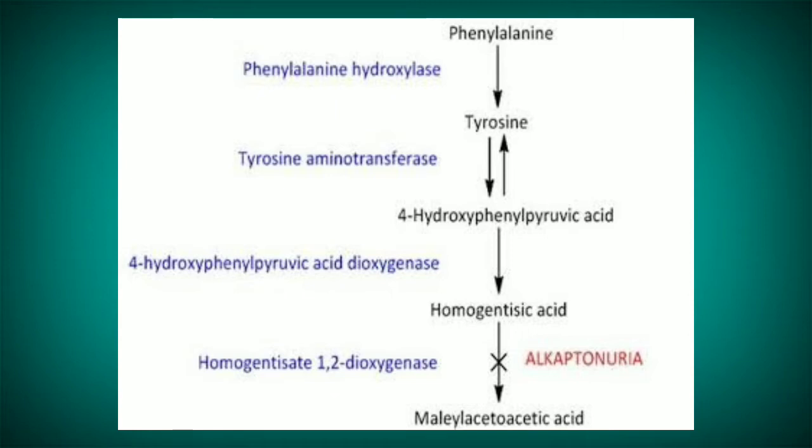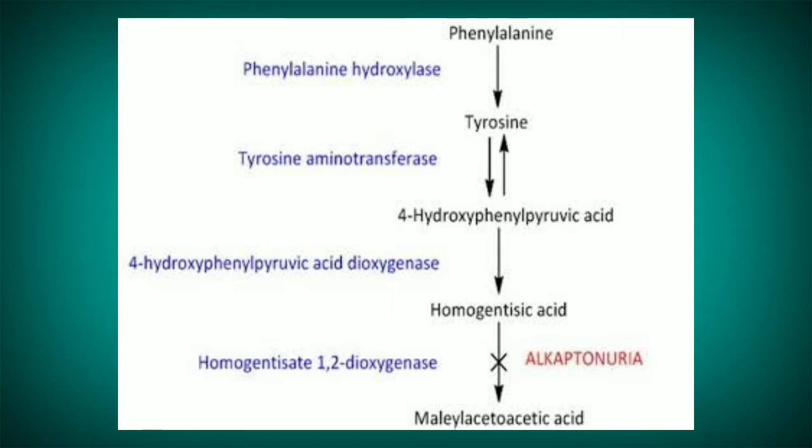Now here in the case of alkaptonuria, phenylalanine gets converted to tyrosine with the help of the enzyme phenylalanine hydroxylase. Then tyrosine gets converted to 4-hydroxyphenylpyruvic acid with the help of the enzyme tyrosine aminotransferase. Then this 4-hydroxyphenylpyruvic acid gets converted to homogentisic acid.